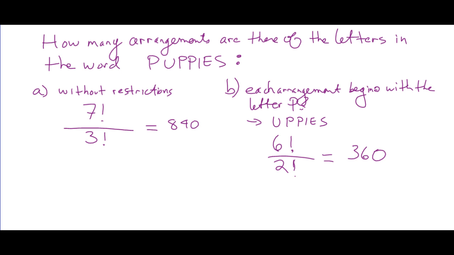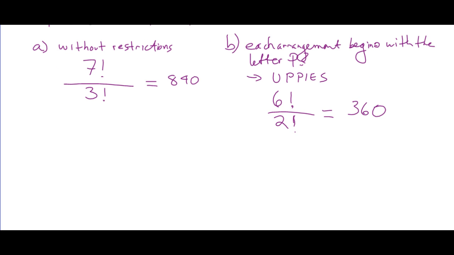Right, so now we're dealing with restrictions, right? It's got to begin with a P. All right, take a P. Take that out, right? What's left? Let's see, what if it begins with 2 P's? The first 2 letters are P. Okay, what do we do if the first 2 letters are P?